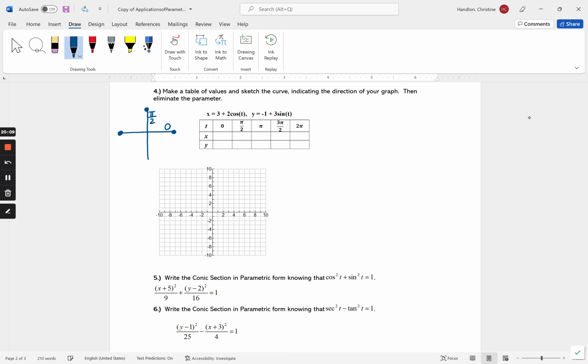Then over here at pi, and over here at 3 pi over 2, which is 270. And then we made our way back to 2 pi radians, okay?